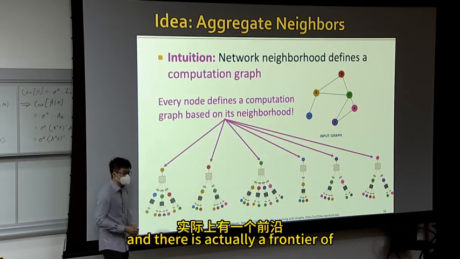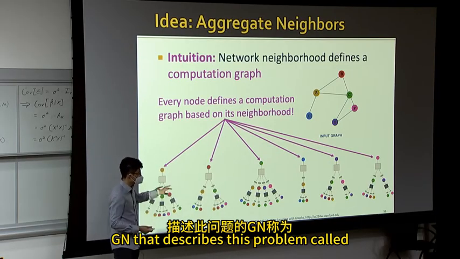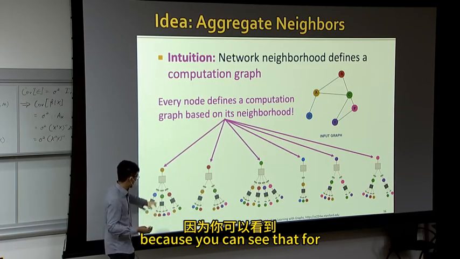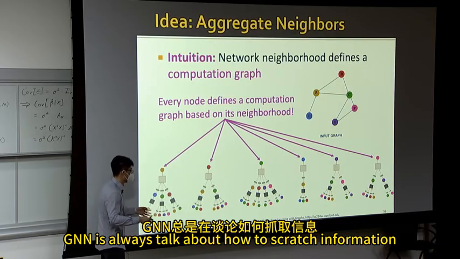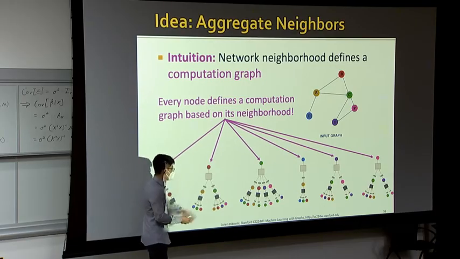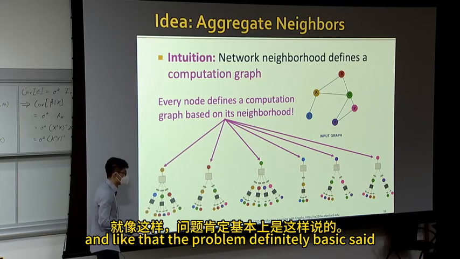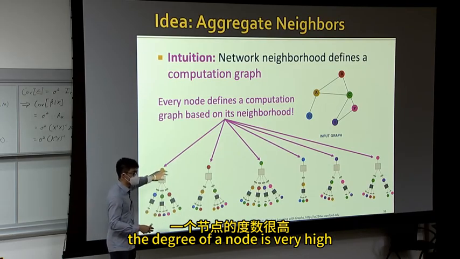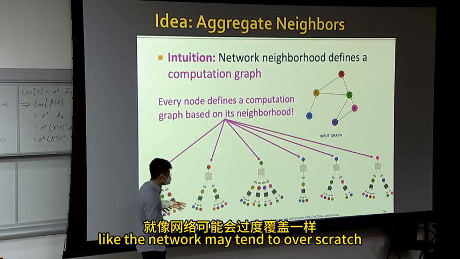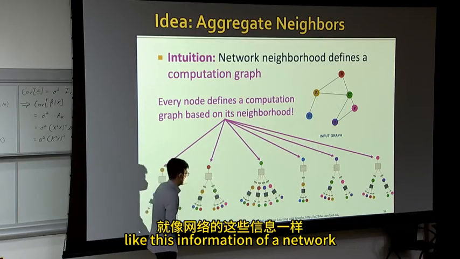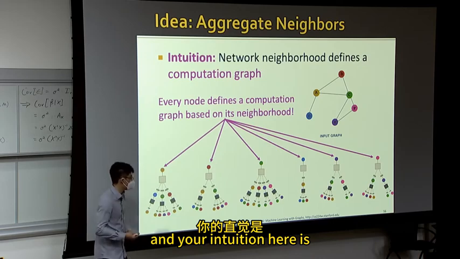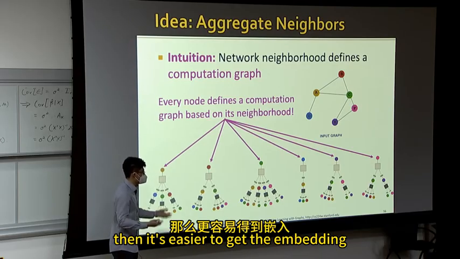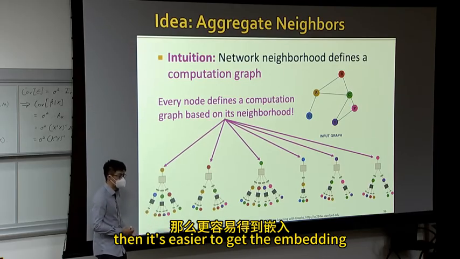And there's actually a frontier of GNN research that describes this problem, the so-called over-squashing problem, because for GNN it's always about how to squash information together. That problem basically says, suppose a network is very deep and the degree of a node is very high, the network may tend to over-squash this information. And your intuition here is correct in the sense that if the node has fewer neighbors, then it's easier to get the embedding.